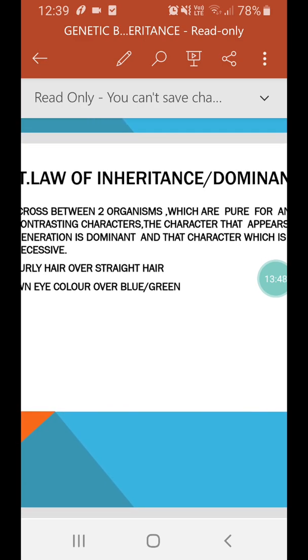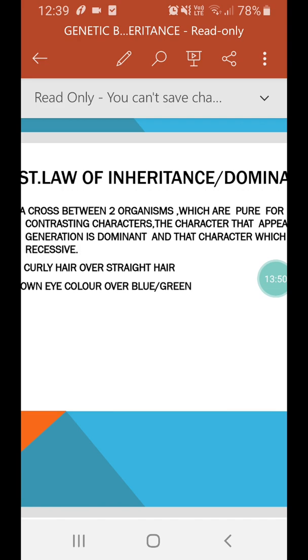So only one factor is dominant. Like if we consider crossing between tall and dwarf plant, in the F1 generation we will get all plants tall. So means this tallness is a dominant factor over the dwarfness.